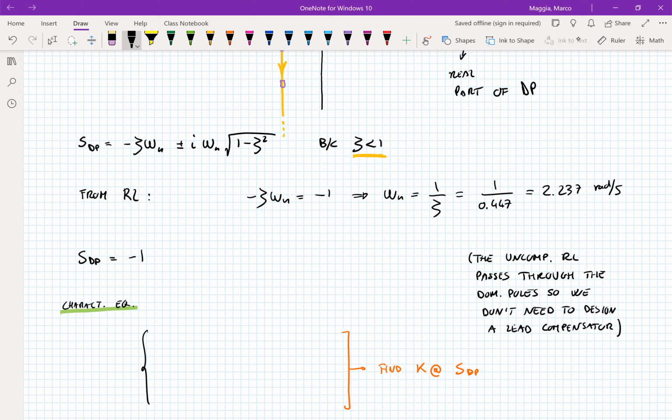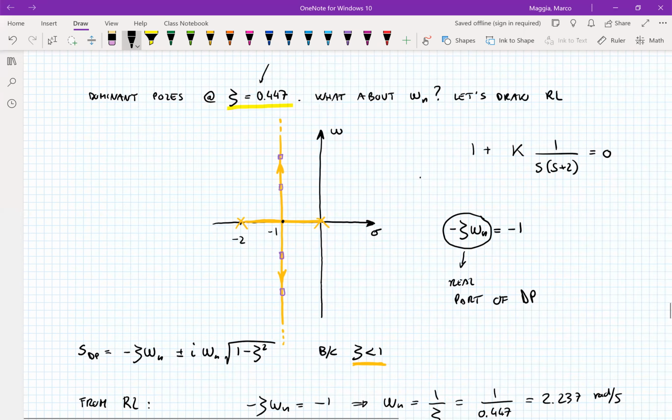So we have -1 plus or minus i times omega n, 2.237, times the square root of 1 minus 0.447 squared. If you perform the calculations, you'll see that we have a nice integer for both the real part and the imaginary part, having -1 plus or minus i2.